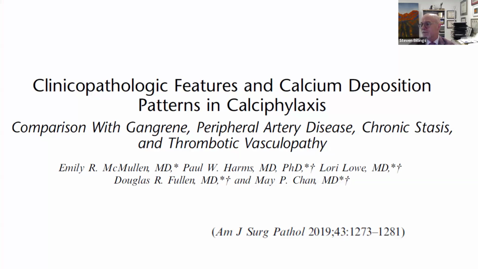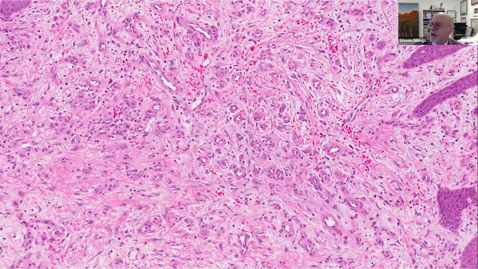Now, another really nice paper from the Michigan group looked at calciphylaxis, and they were one of the groups to really highlight the fact that dermal angiomatosis is a relatively common finding in calciphylaxis, this reactive vascular proliferation. Dermal angiomatosis happens in skin that suffers from localized ischemia.